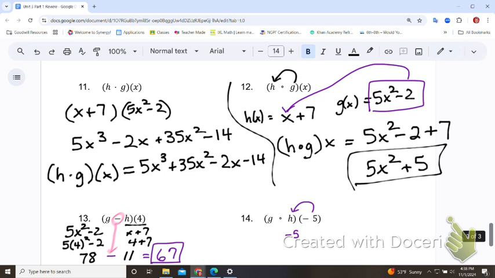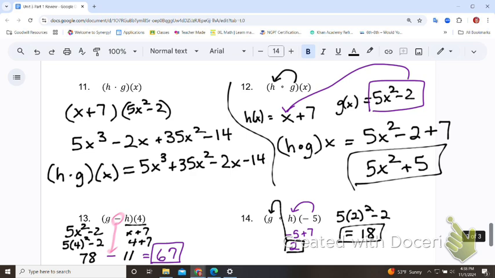So we're doing -5 plus 7, which is 2. That answer is now going to go into the g function. And the g function says 5 times 2 squared minus 2. So that's 5 times 4, 20 minus 2 is 18.